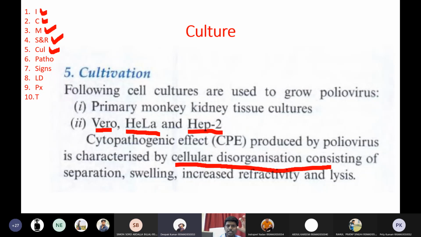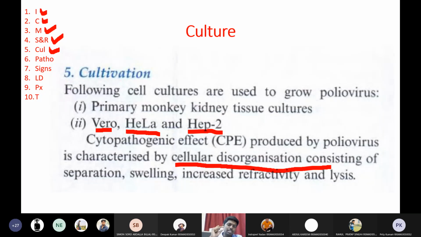Sir, what are Vero and HeLa? Vero cell lines are taken from, I think, the pancreas. HeLa we have taken from a cervical cancer tumor. So from the cervical region, we got these HeLa cell lines. Similarly, Vero cell lines are from a pancreatic cancer.